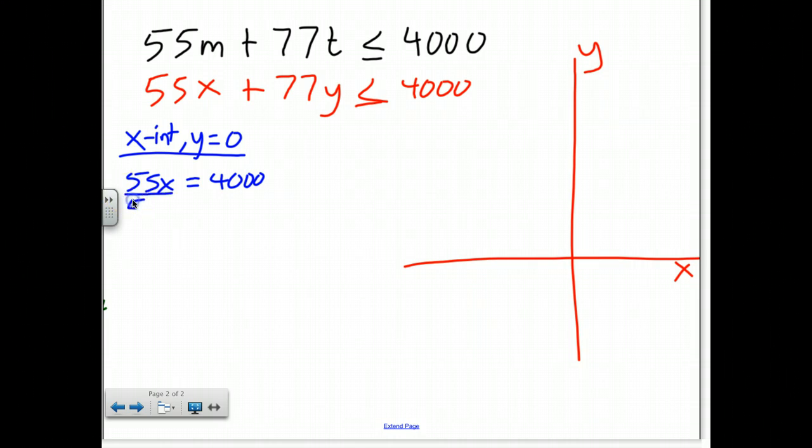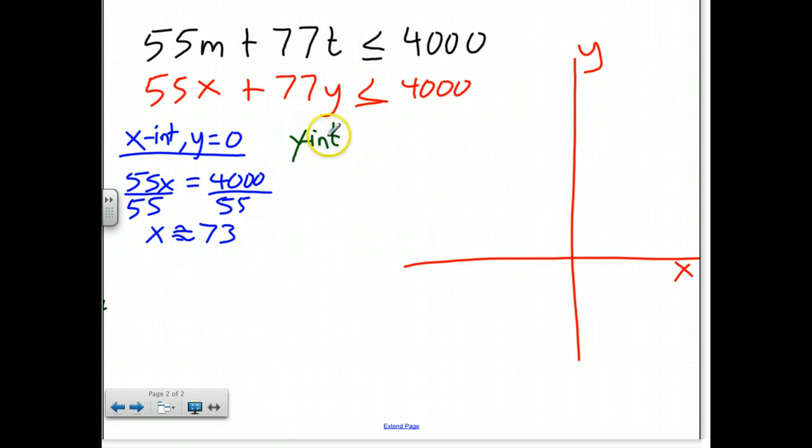So let's divide. What is 4,000 divided by 55? Roughly, if you just estimate it, roughly 73 if you round it. You can verify that if you want, certainly. Okay, and how do I solve for the y-intercept?